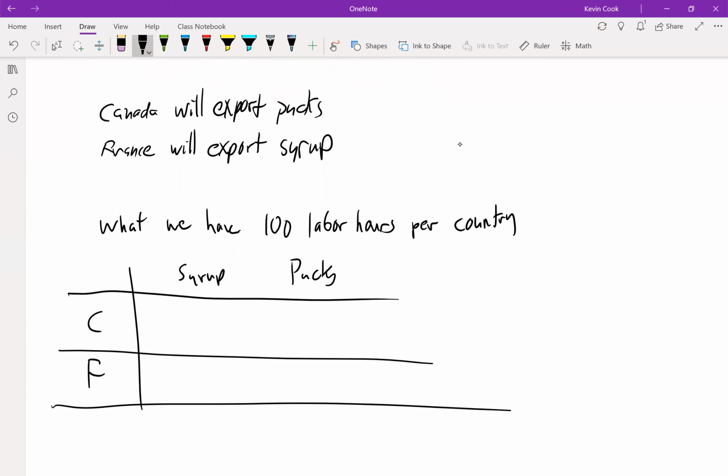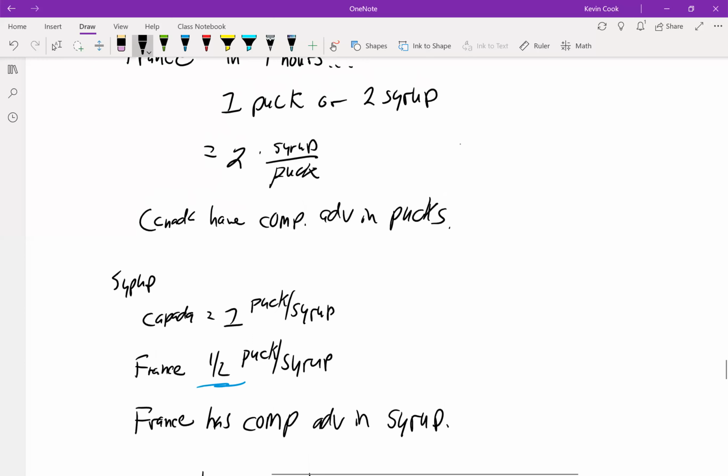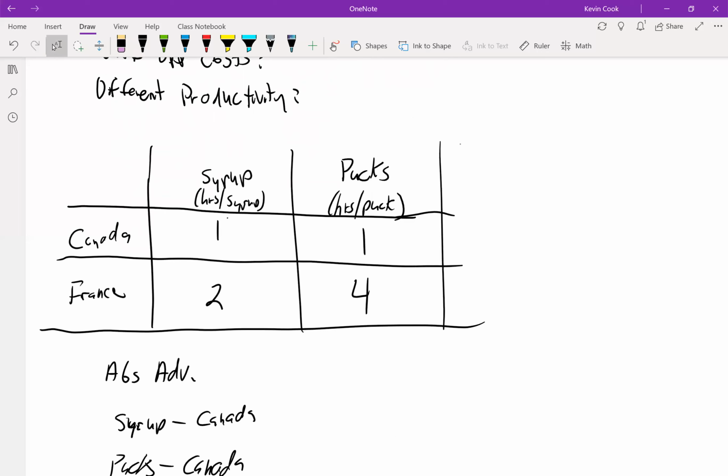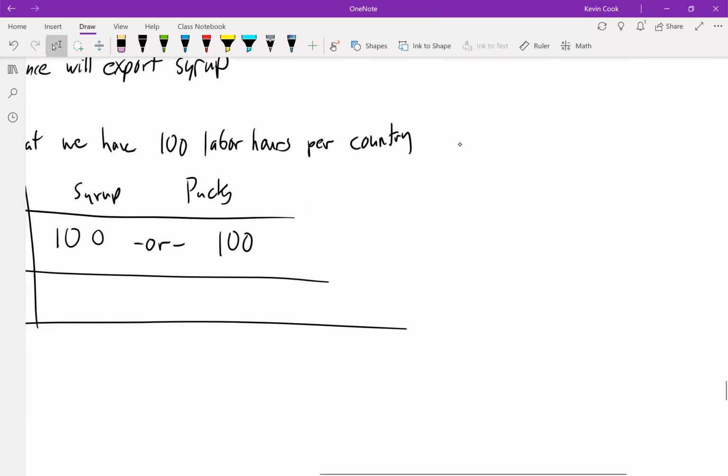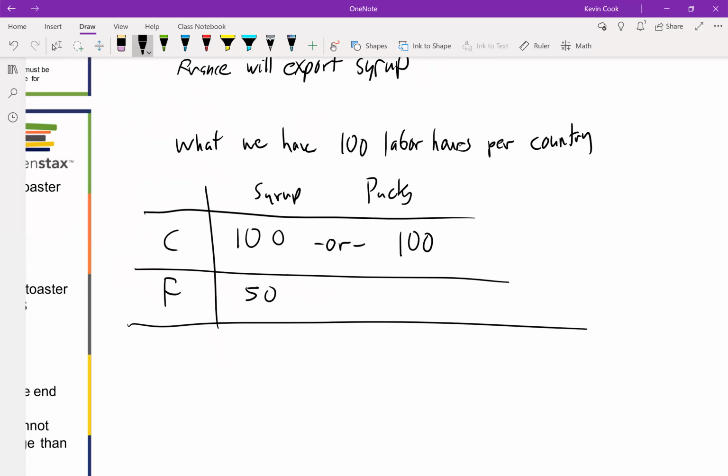So I know that Canada is 1 and 1, so Canada can produce either 100 syrup or 100 pucks. And France, they were 2 hours or 4 hours, so France can make either 50 syrups or 25 pucks. So again, Canada is kind of the big shot in this example. They can produce more of either good.